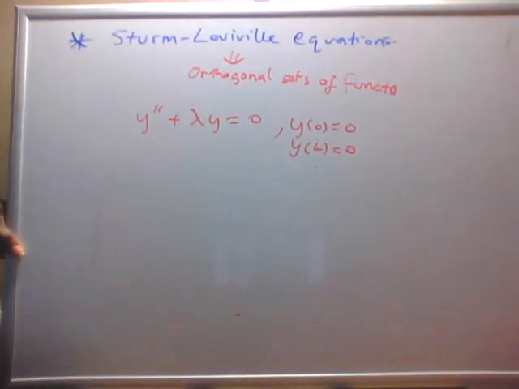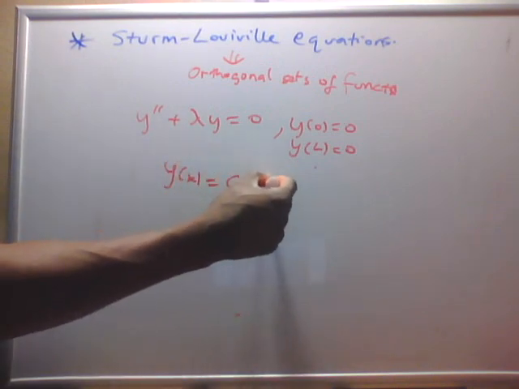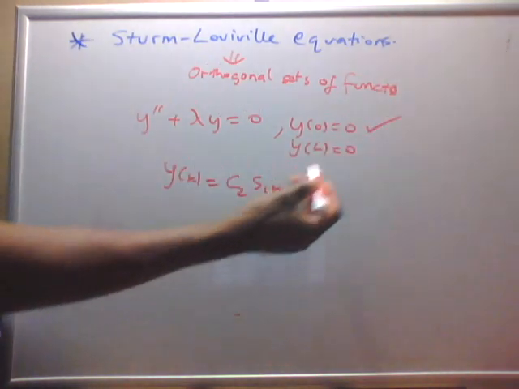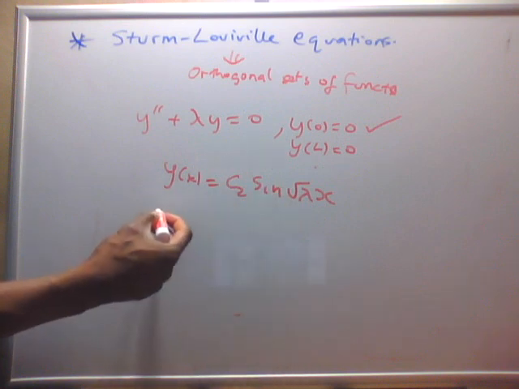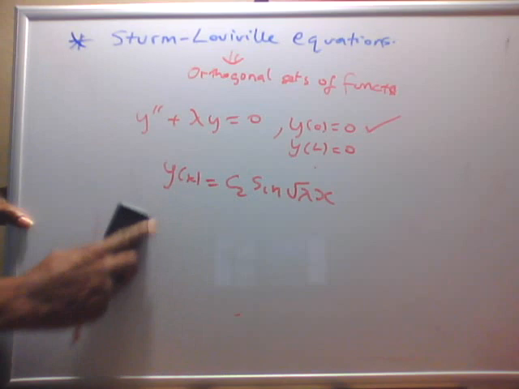So y of x equals c2 sine root lambda x. And then the second boundary condition helps me determine the next constant.